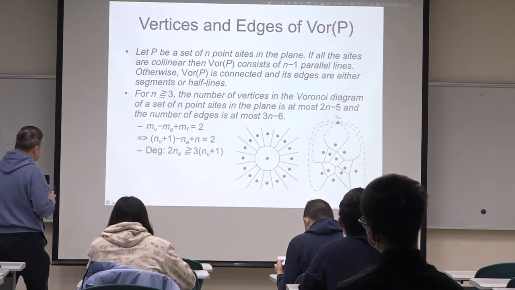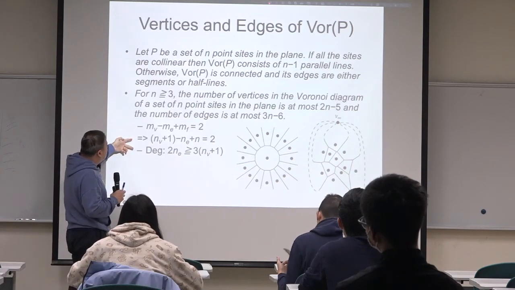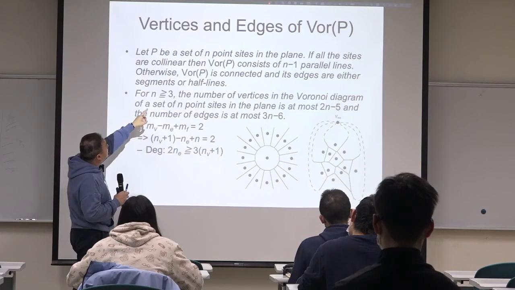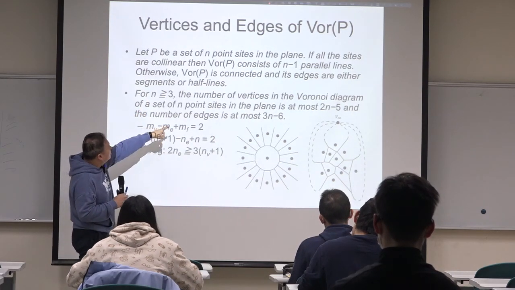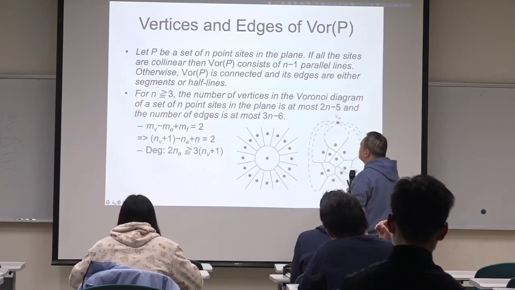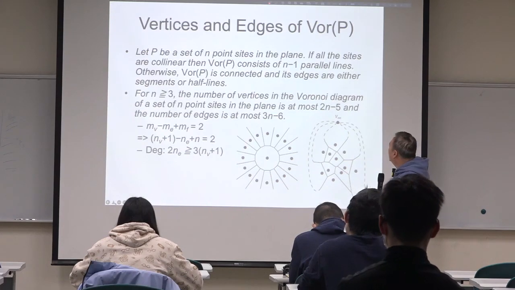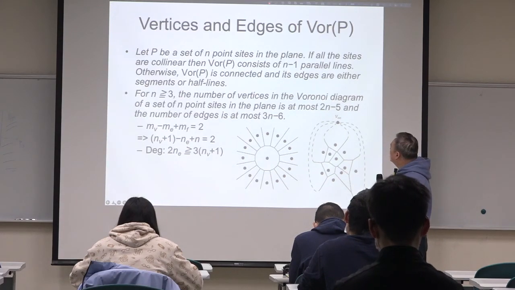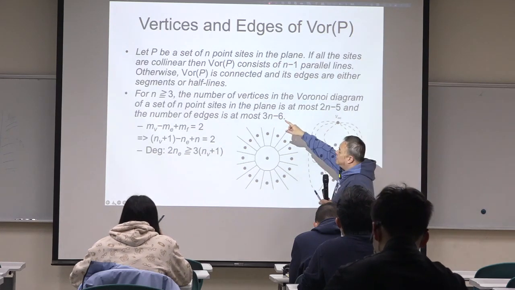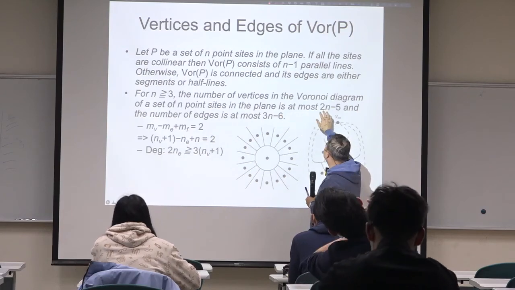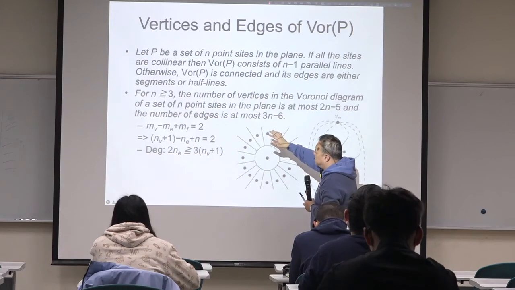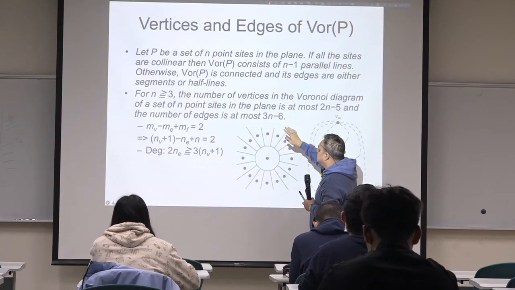So with these two formulas, you can derive this: for n sites, the number of vertices NV is at most 2n minus 5, and the number of edges for a Voronoi diagram is at most 3n minus 6.